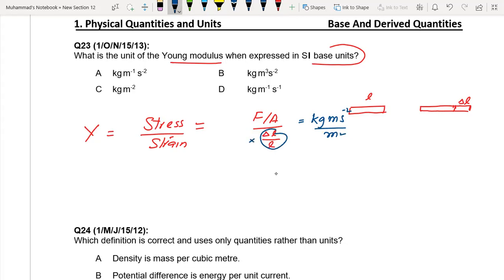No need to simplify this because meter over meter will cancel out. So that is kg m s minus 2 divided by meter square. So you will get kg m, this is 1, this will go up, that will make it 1 minus 2, that is minus 1, s minus 2. So kg m minus 1 s minus 2. So A is correct answer.